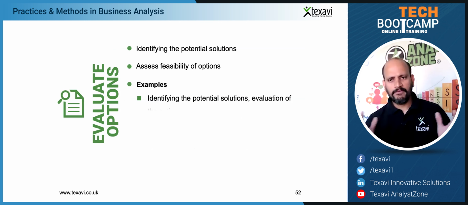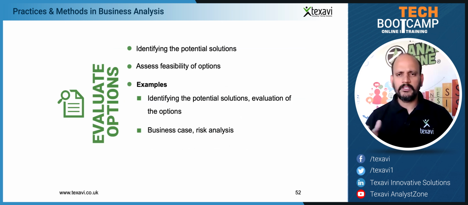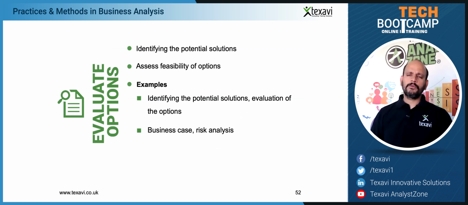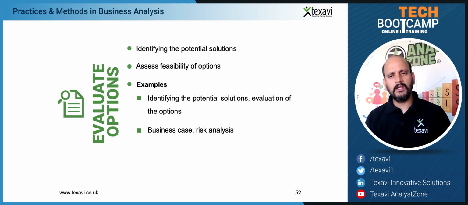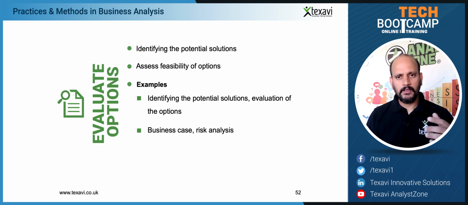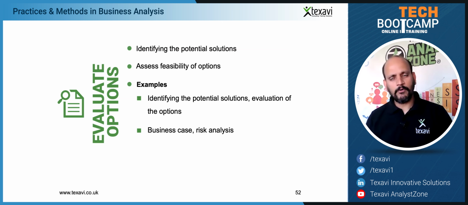Once you have the definition of the to-be, you come up with different options. It could be based on different technology platforms, different tools, different ways of working. And then we do the evaluation of all these different things. I was talking about the example yesterday of the project I was involved in, the cloud platform evaluation.